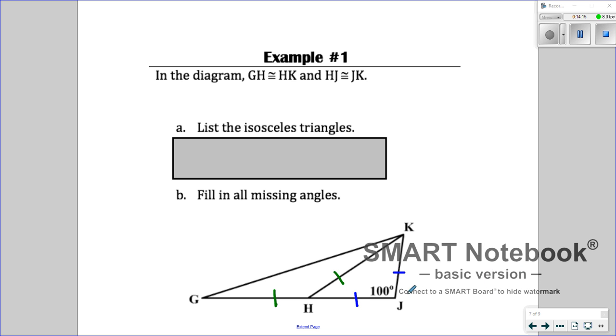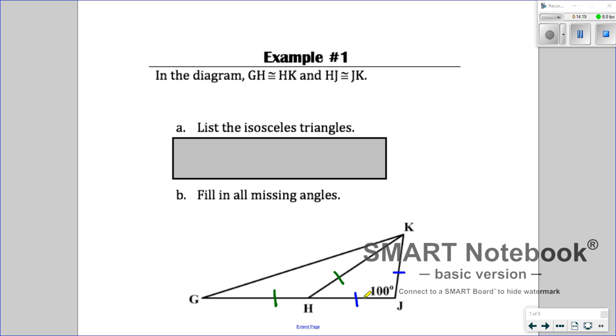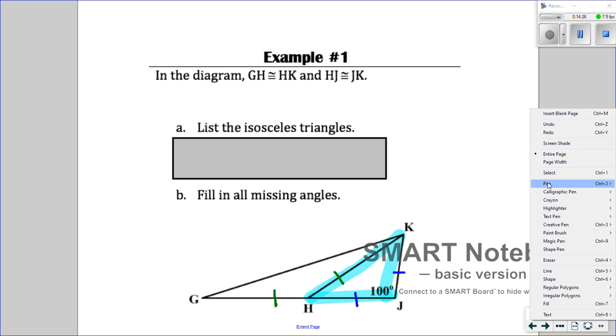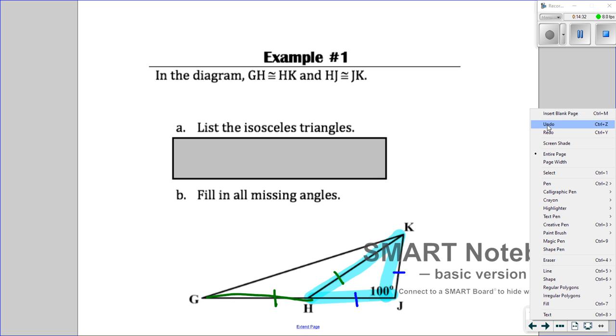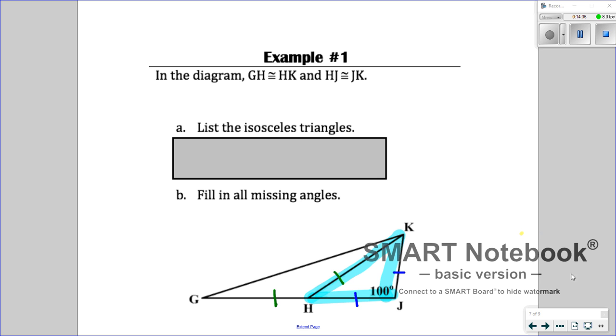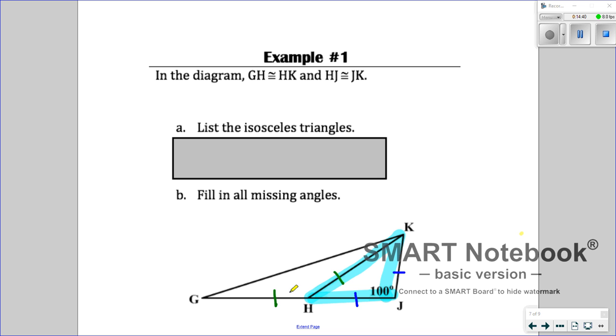So I use another color to distinguish that, and to make it easier to distinguish, I'm going to make this the blue triangle, and then the other one will be a green triangle. Oops, try that again. Undo, and then highlight. Oh, wrong one. Okay, so make that green and this side green. All right.